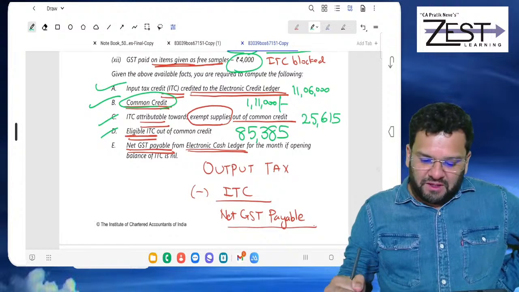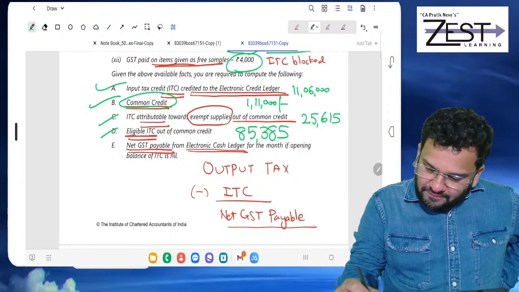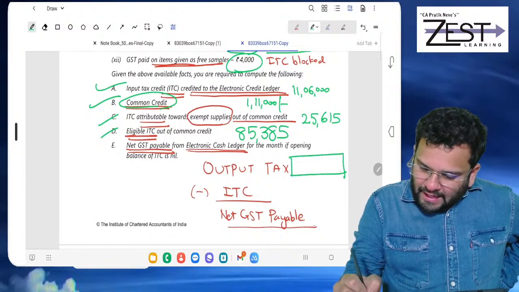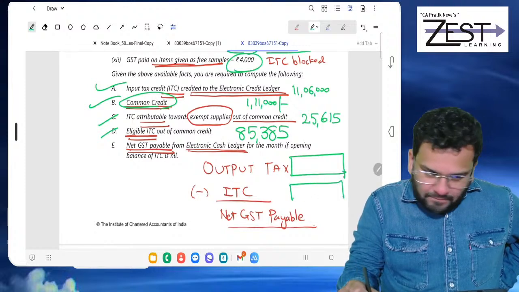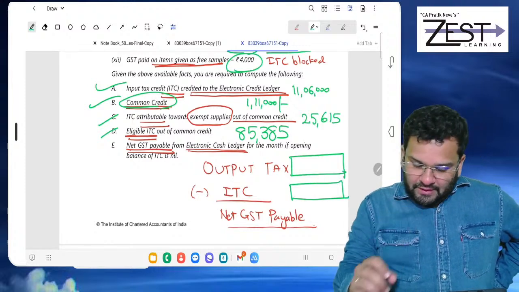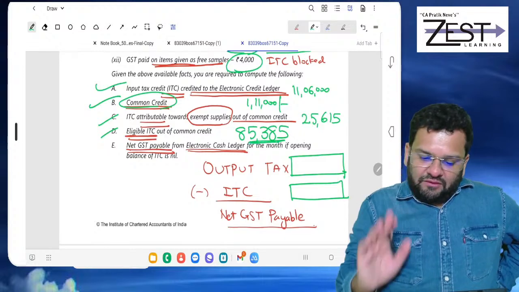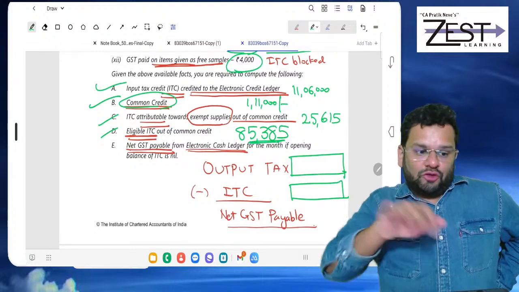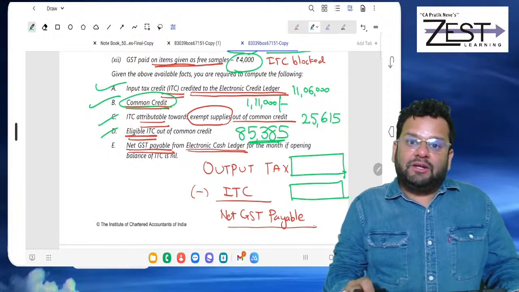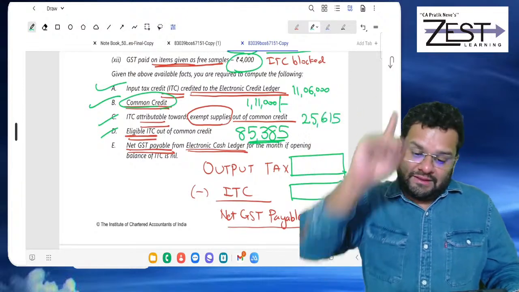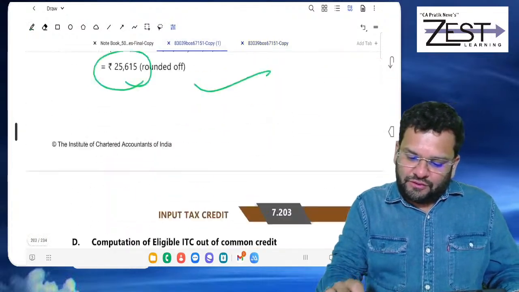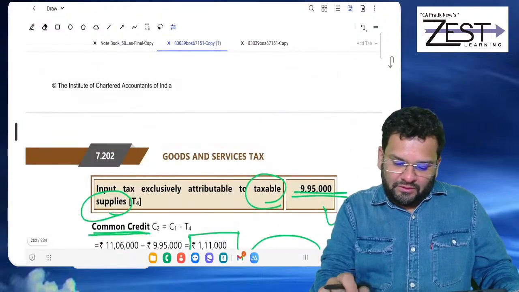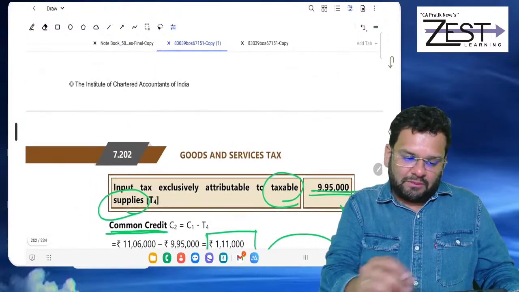For net GST payable, you want output tax and ITC. Yes. Now 85,385 is eligible ITC out of common credit. And do you remember that 995? Friends, which 995? The one which is exclusively for taxable supply.